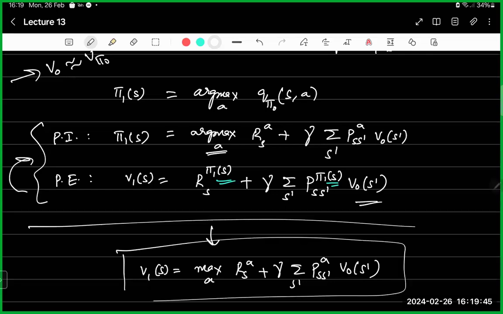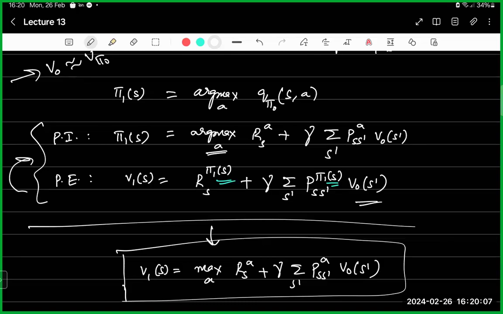So this is equal to, what is this equation? Are you familiar with this equation? What is this equation? Bellman optimality equation, right? What if a vector satisfies the Bellman optimality equation? What does it mean?